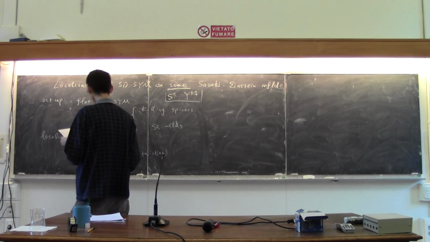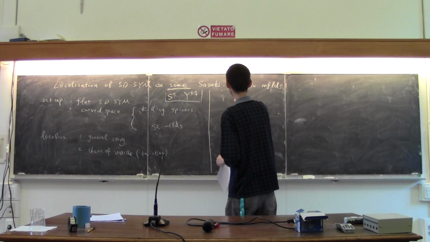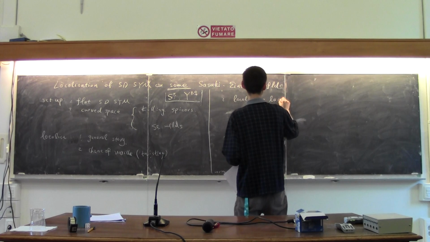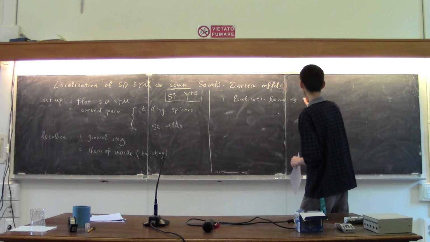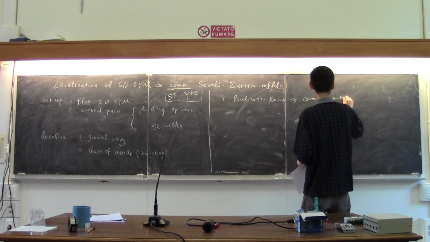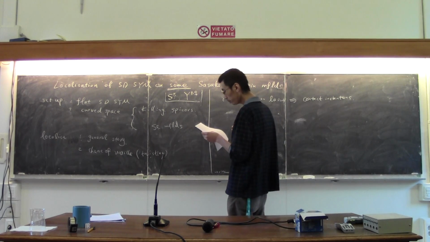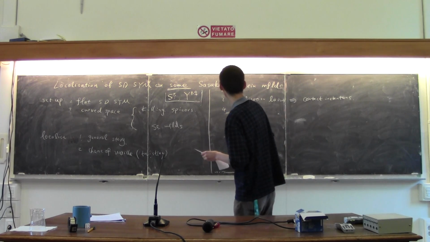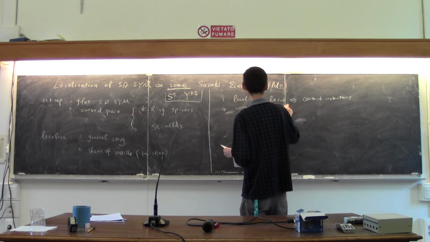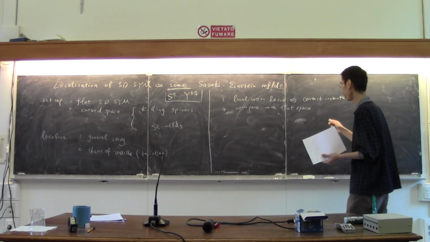After that, we will have to deal with the localization locus. This would lead to what's known as the contact instantons, which are other new objects, and I would like to touch on this slightly. And finally, I will compare our results with the flat space perturbation calculation.